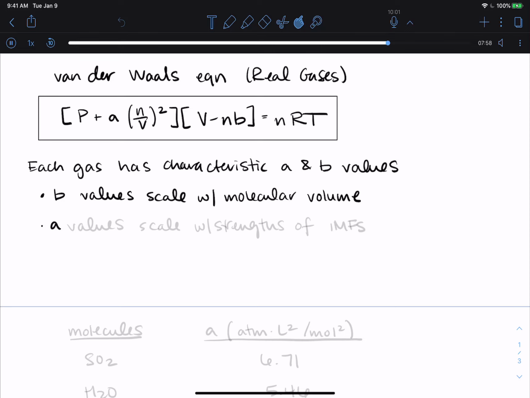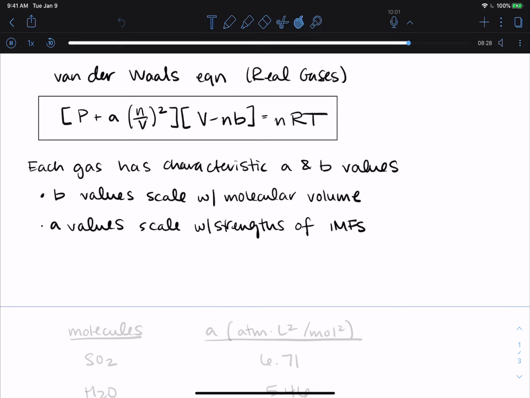a values scale with the strengths of the intermolecular forces. And just to relate this to one thing that we did this semester, that is going to depend on the types of bonds in the molecule and the overall geometry of that molecule.